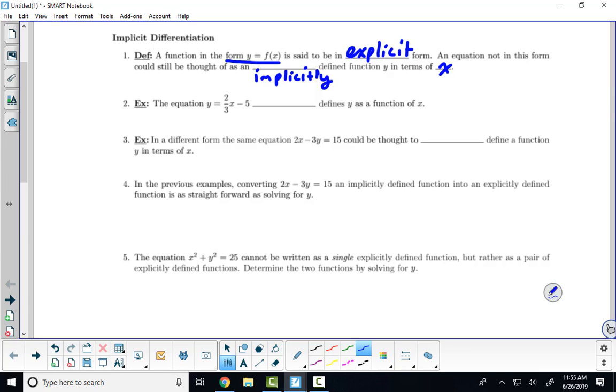Okay? So here I've got an equation, y equals 2/3 x minus 5. This explicitly defines y as a function of x.